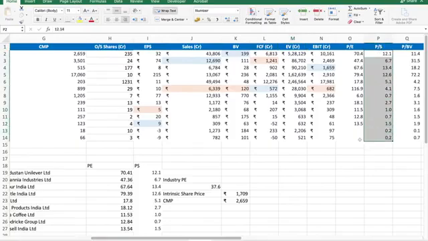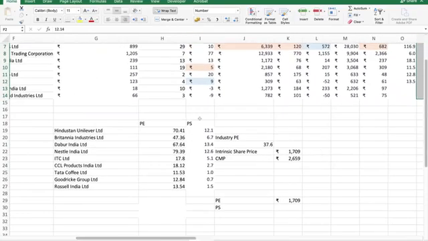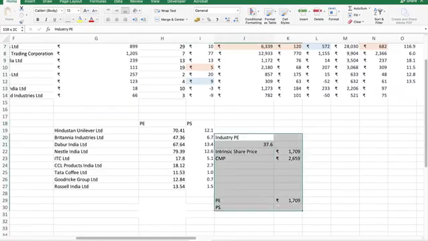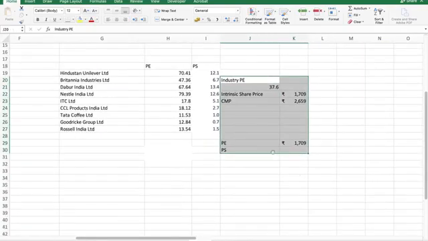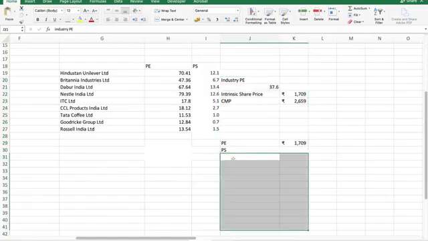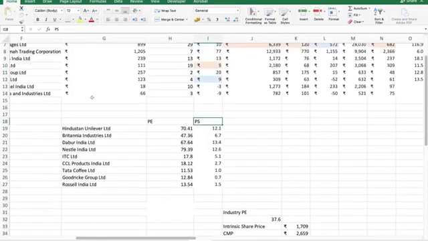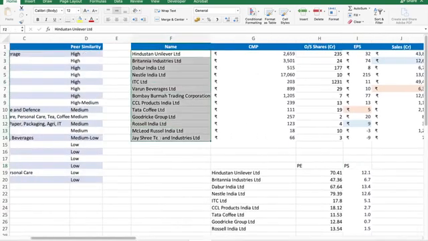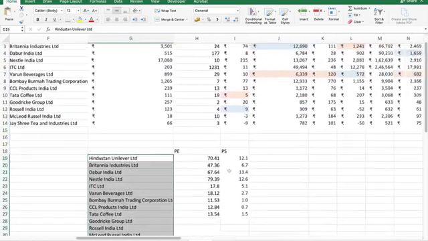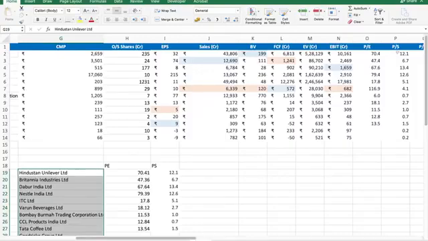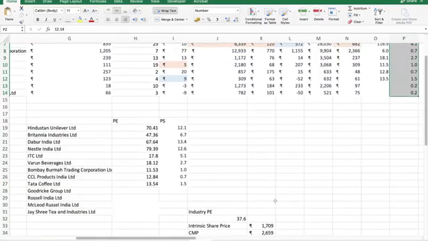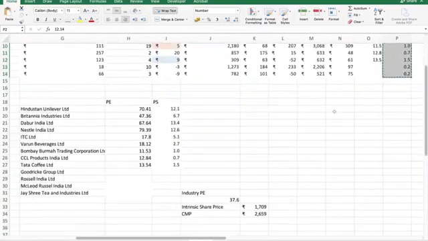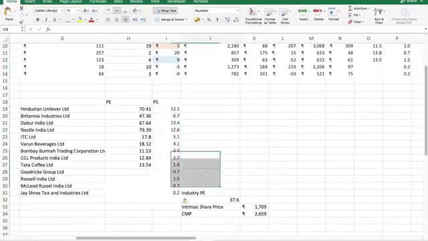In this case, for price to sales, we can also select these two companies, for which price to earnings was not available because it was negative in value. So these are my price to sales.